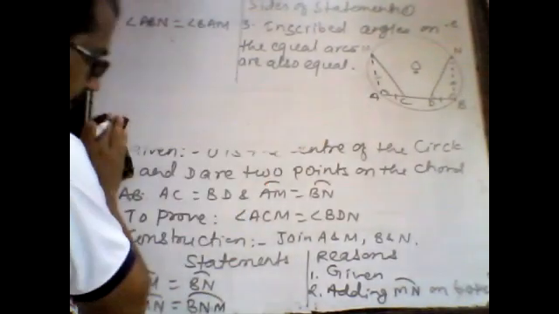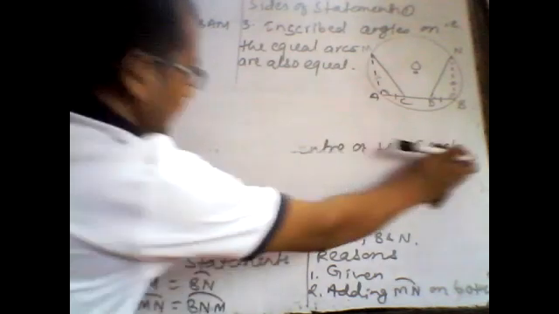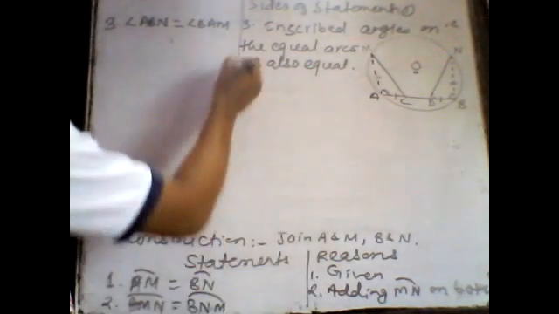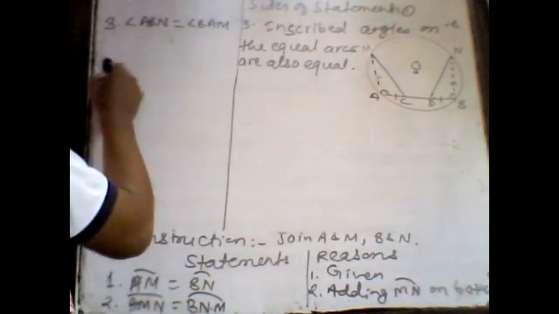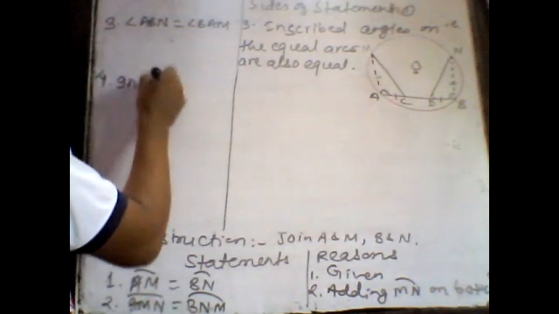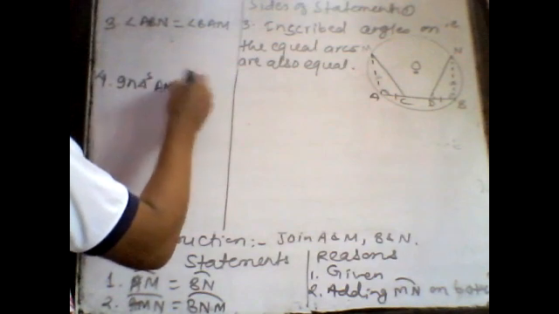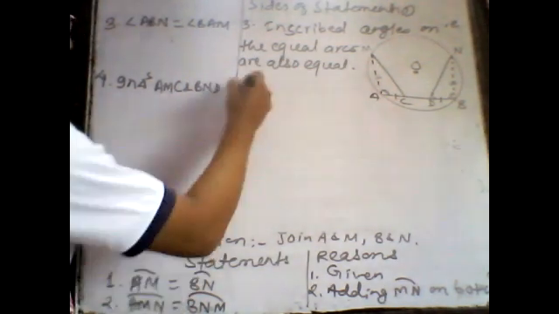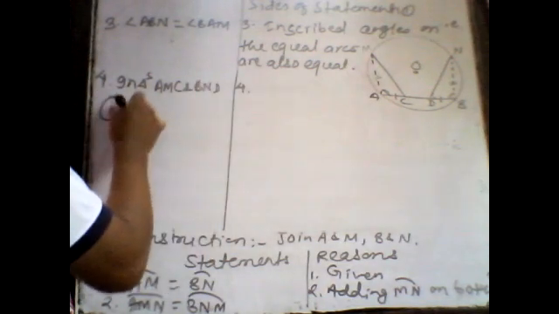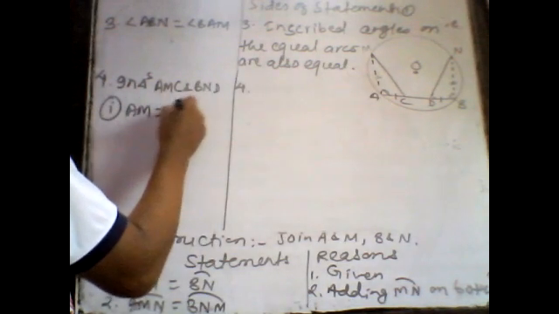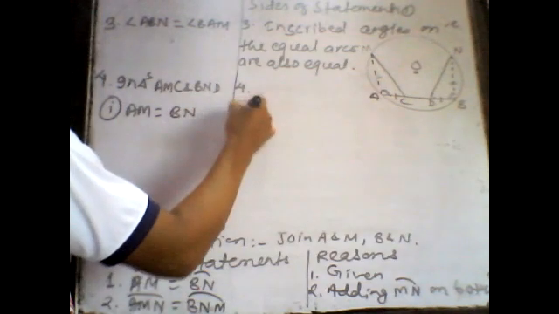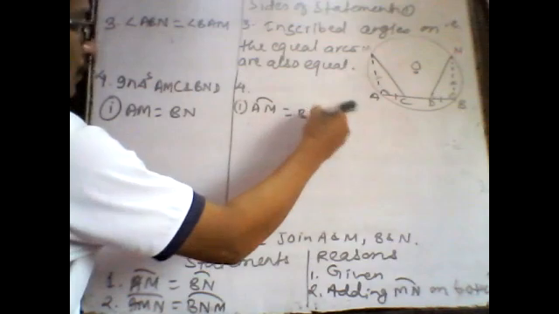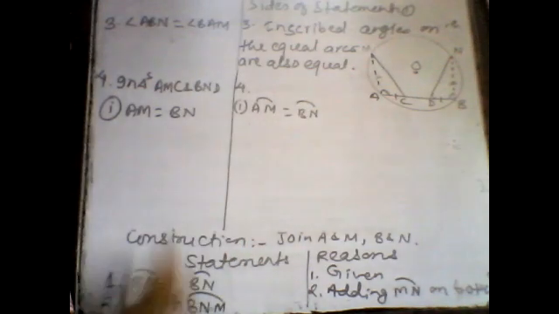Now take triangles ACM and BDN. In the triangles, number 1, AM equals BN. What is the reason? Arcs are equal, so chords are equal.